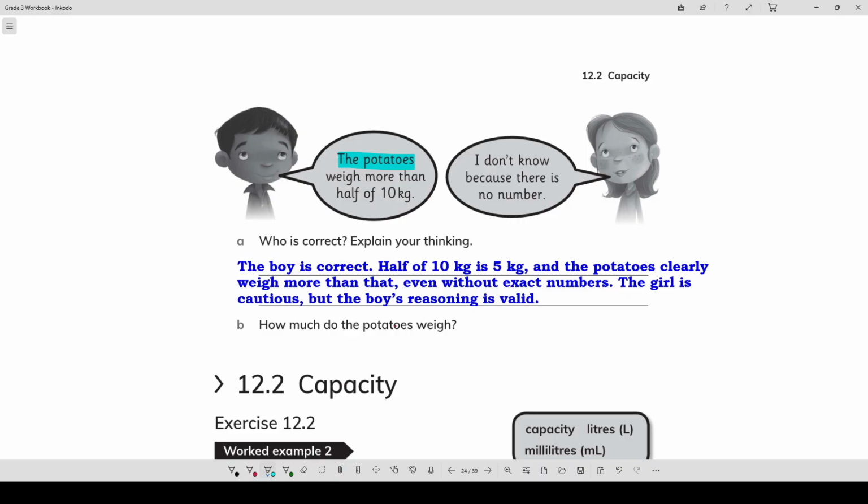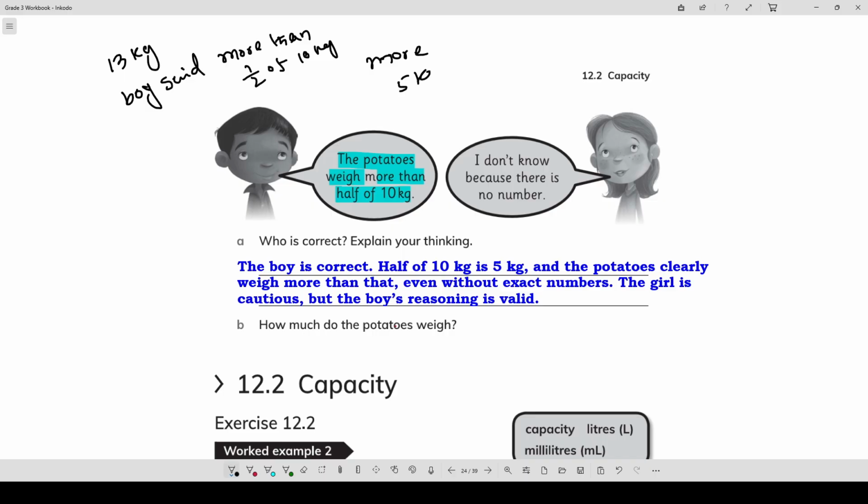The boy said the potatoes weigh more than half of 10 kg. It means more than 5 kg, right?